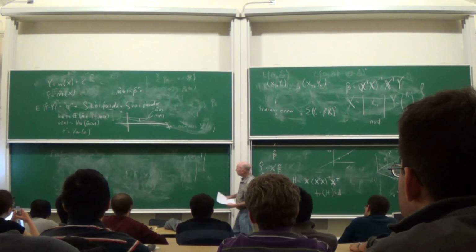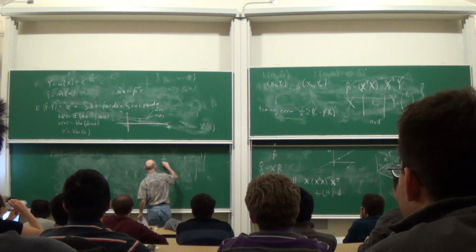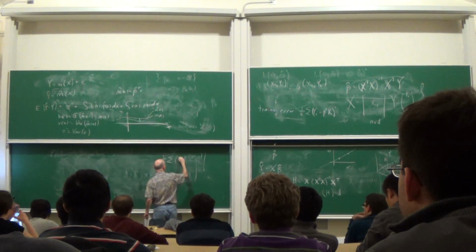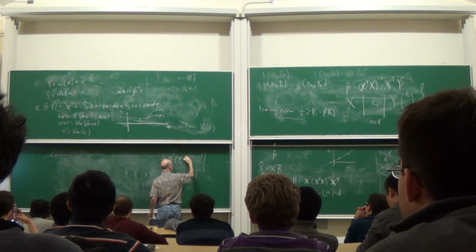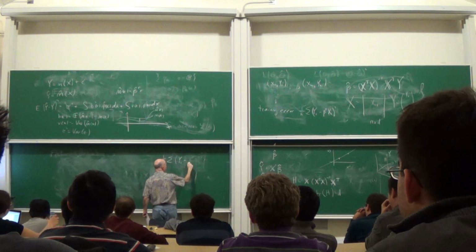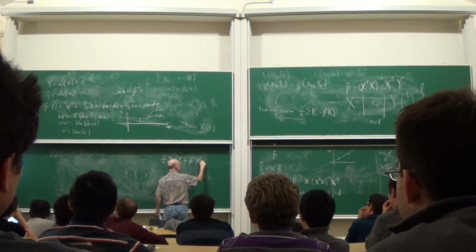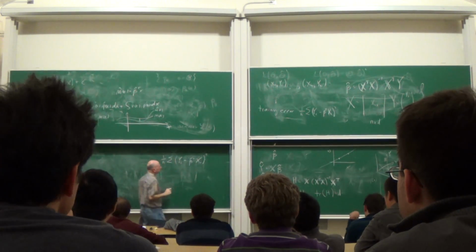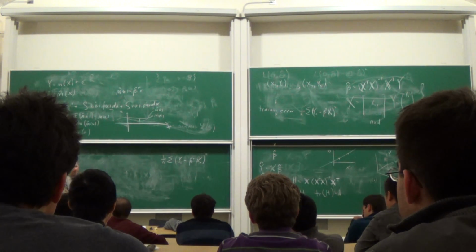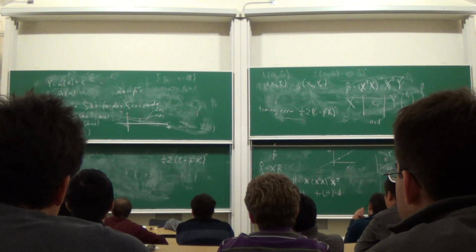Is there any problem with just using the training error? Remember the training error of, say, in the linear case. Looks like that. Is that a good estimate of prediction risk? Why not?